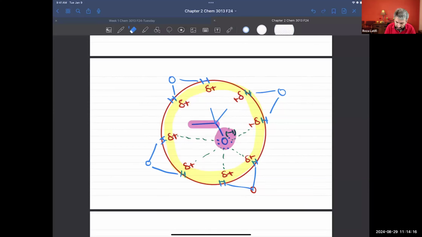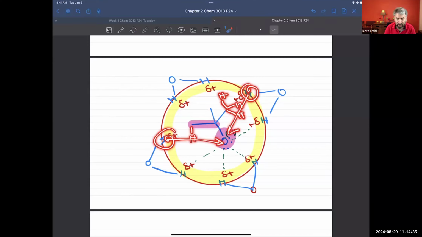And to some extent, maybe that one also is going to be hard. Why? Because the methyl has some hydrogen atoms there, and those hydrogen atoms are going to block this hydrogen from seeing oxygen, or that hydrogen from seeing oxygen.